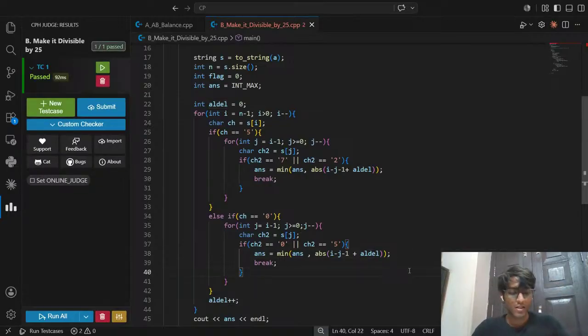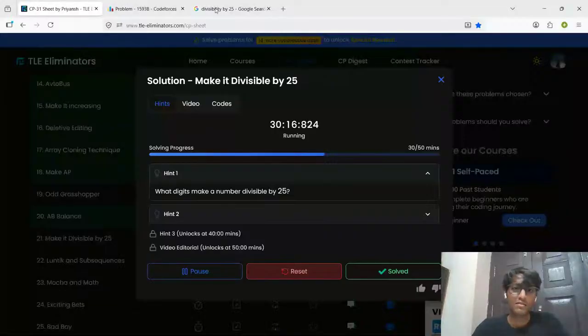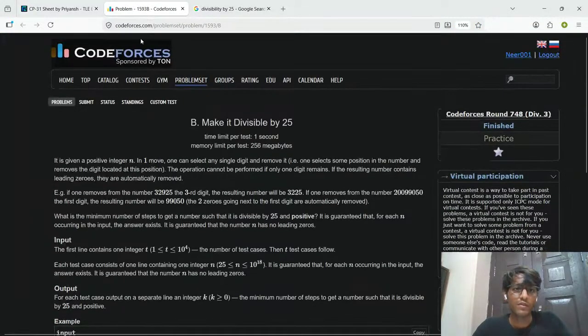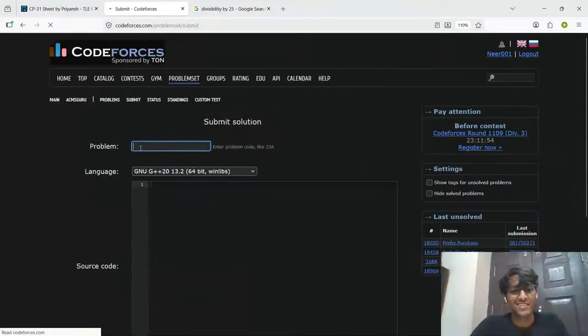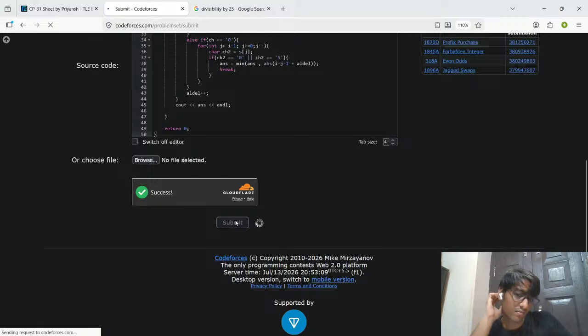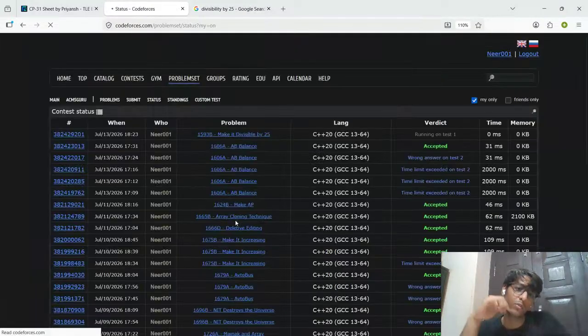But I still don't think that this will pass the test cases. I just have a gut feeling. 1593B. Or it might work as well.